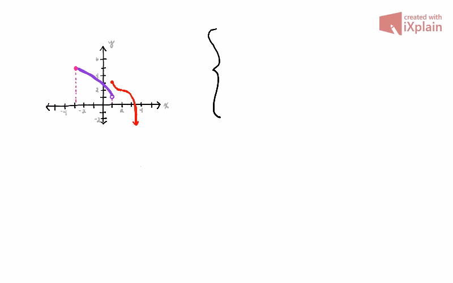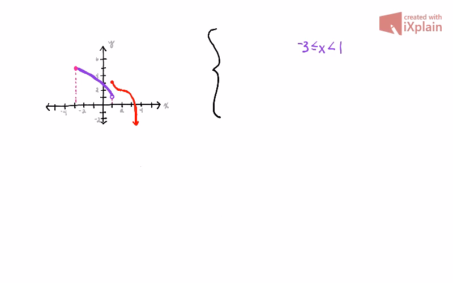So in this case, my domain here is going to be my x, and it's going to be between -3 and +1. So what I also want you to note is my choice of inequalities that I used here.